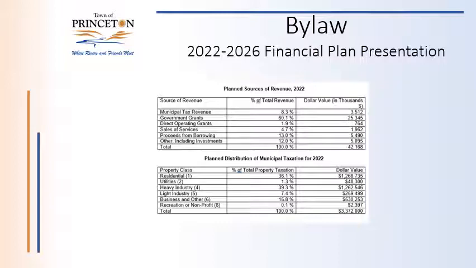The second part of Schedule B, and this is required under the community charter, is our planned sources of revenue and our planned distribution of municipal taxation. You'll notice this year the budget is nearly 60% government grants, and it is important to note that especially for the capital plan, the government grant percentage is enormous.